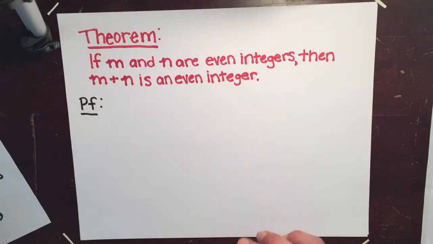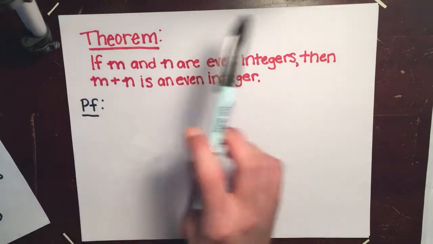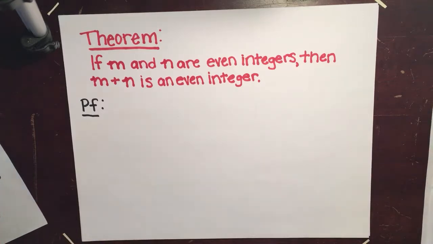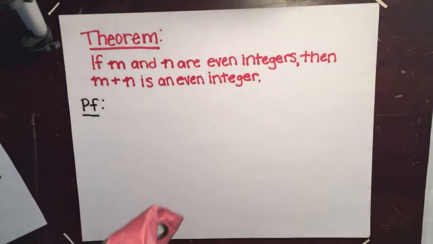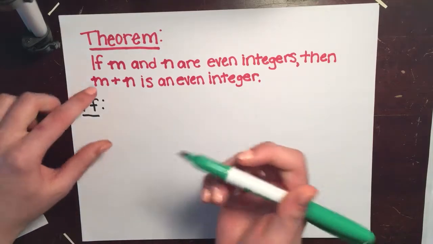Here I have an example. We're given the theorem: if m and n are even integers, then m plus n is an even integer. So what is the hypothesis here?